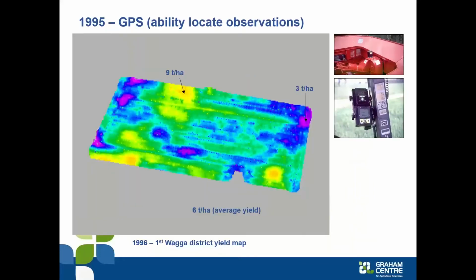In 1995, that largely started to change with the advent of GPS, which fairly quickly presented a whole heap of technologies that could allow us to specifically locate our observations and take account of that variability, rather than trying to come up with a best fit average.